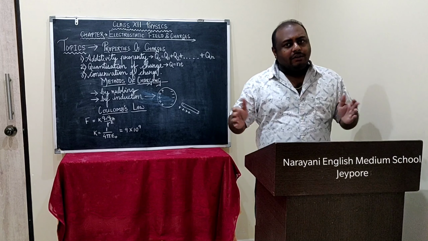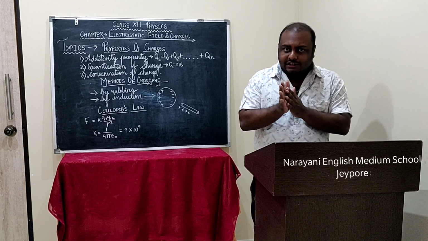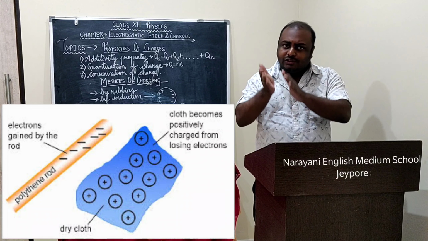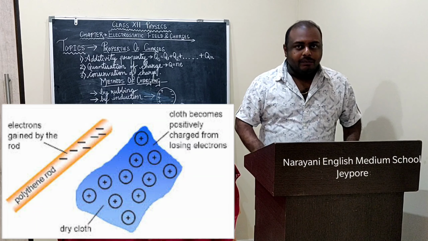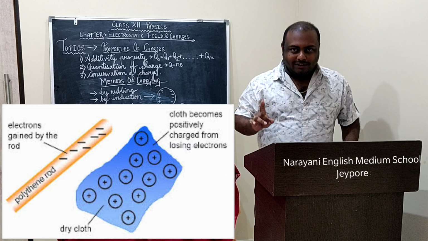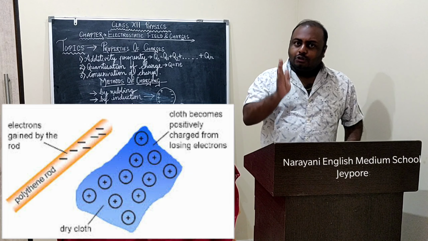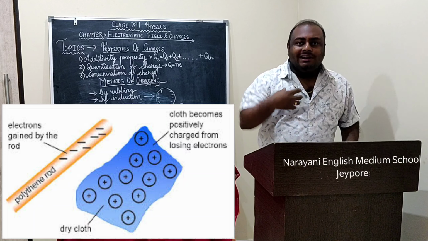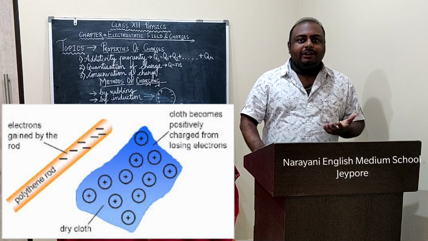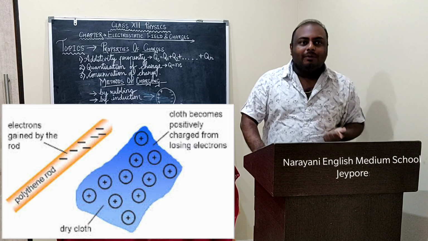When you rub two bodies against each other, generally charge transfers from one body to another body. It is not true for any two bodies. One body should have the property to release electrons, another body should have the property to absorb electrons.